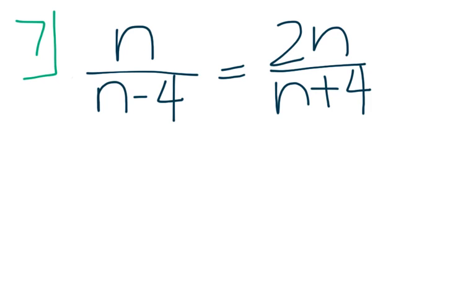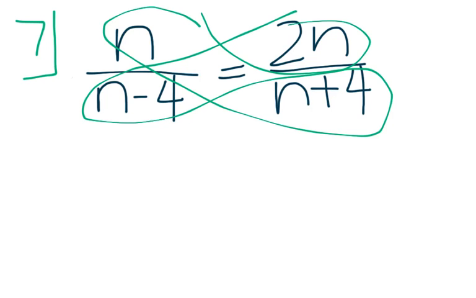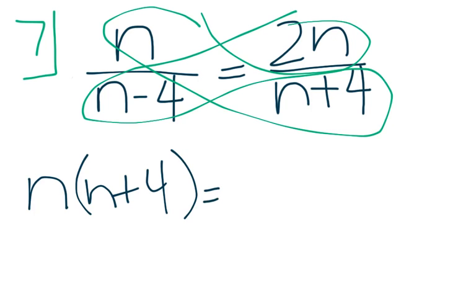Once again, we can cross multiply, so we can say n times n plus 4 equals 2n times n minus 4.